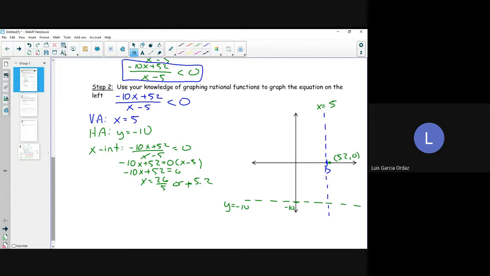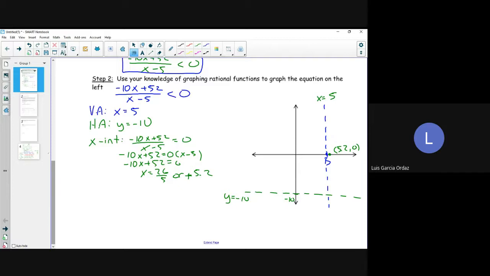Okay, so now we have our x-intercept, we have our vertical and horizontal asymptotes. What else do we need to determine how to sketch this graph? Plus 1, minus 1. That's not a bad guess, but also what else?